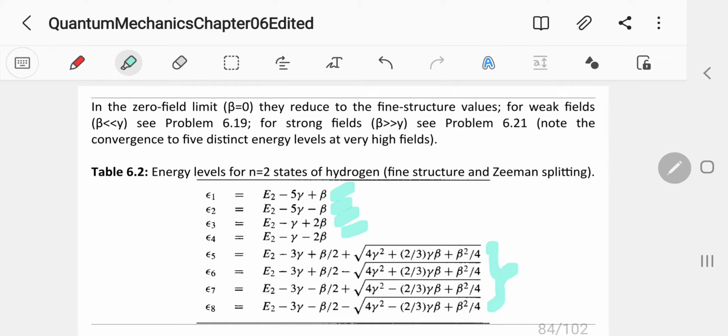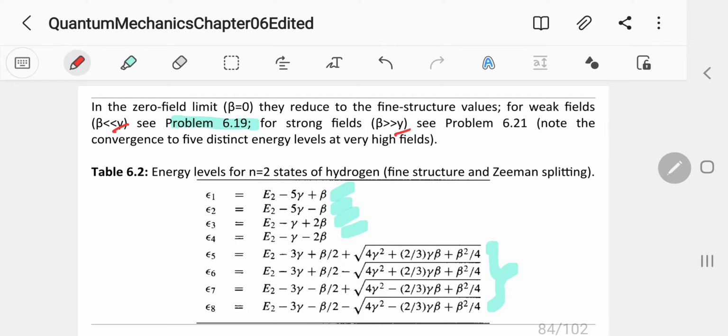For weak fields where beta is very much less than gamma, you can solve 6.19. Sorry, this is gamma, not y.